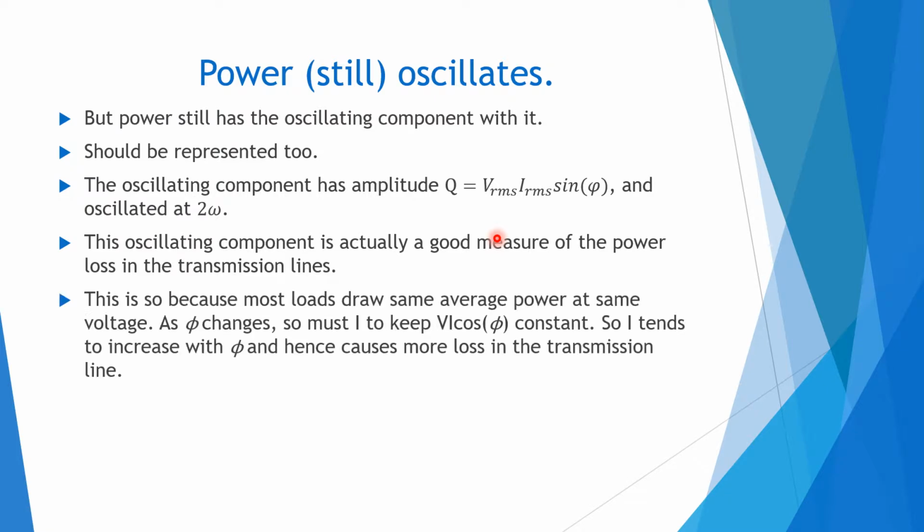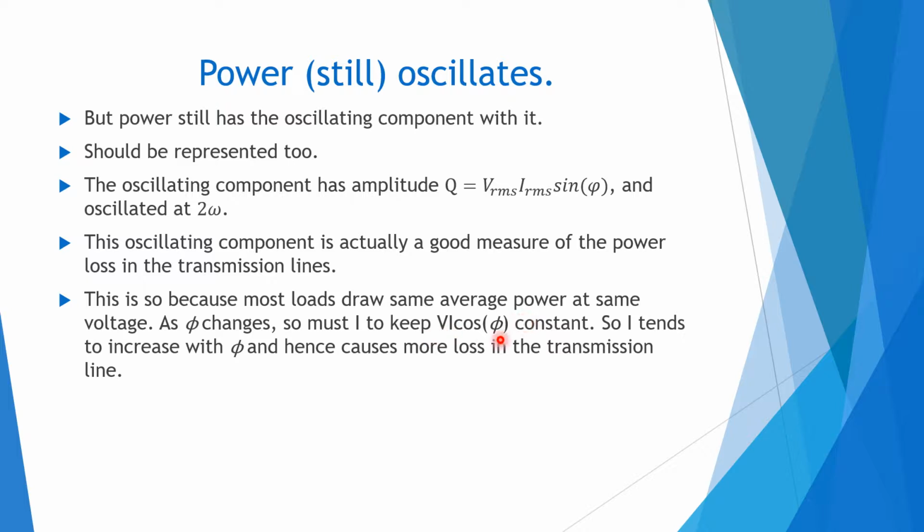Let's see. Suppose that we have some load. The characteristic of most loads is that they will draw some given rated power at some given rated voltage, but the current through it is not constant. You can vary it. But since you have to keep the power constant, you have to keep VI cos phi constant, because this is the actual average power that you are going to give to the appliance.